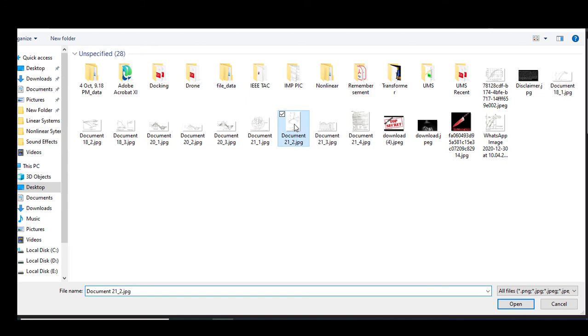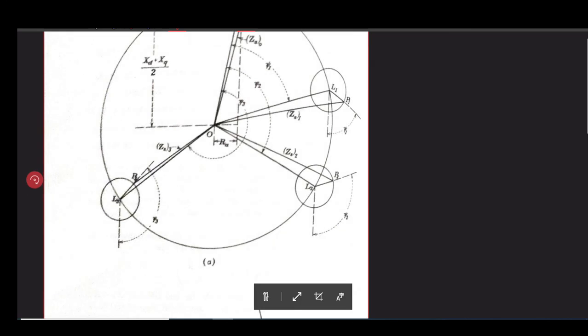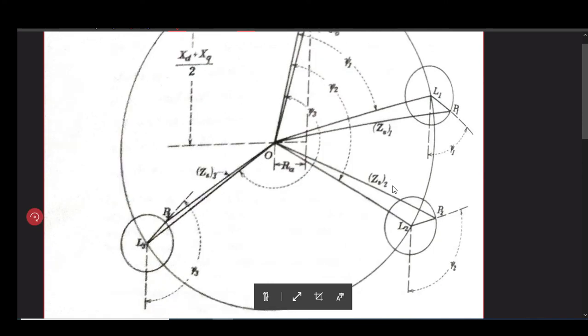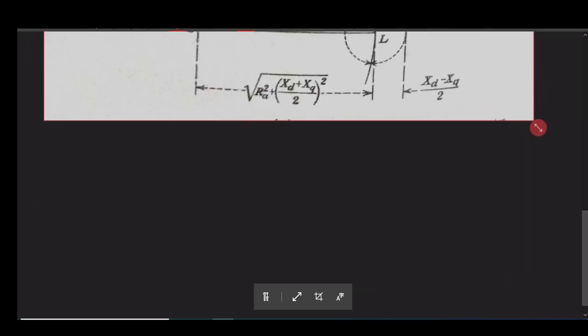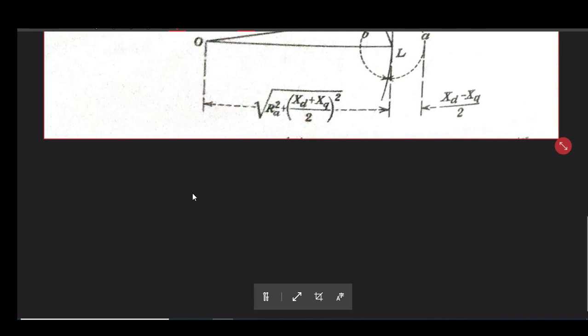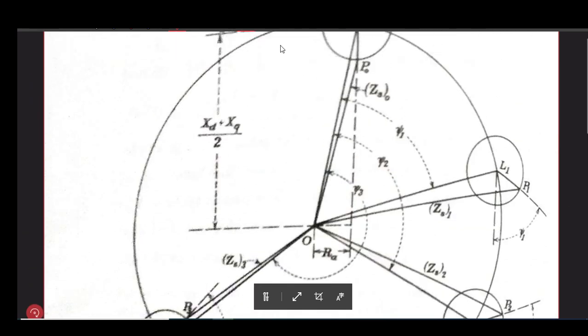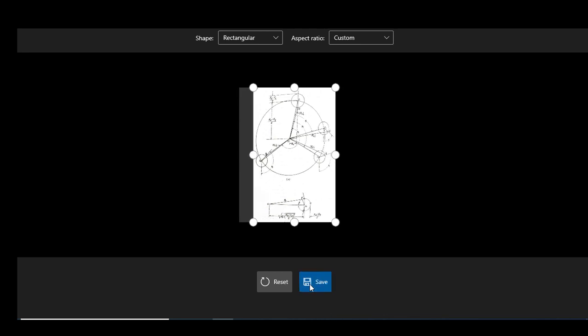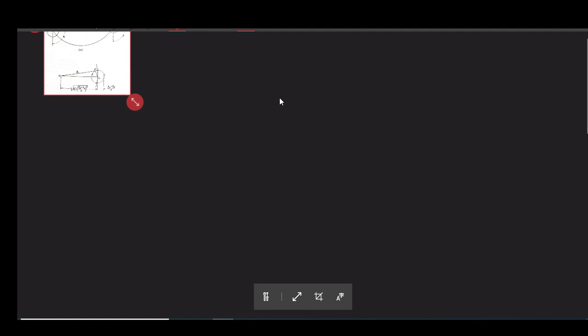Here you can see, let me crop it, otherwise I cannot manage this here.